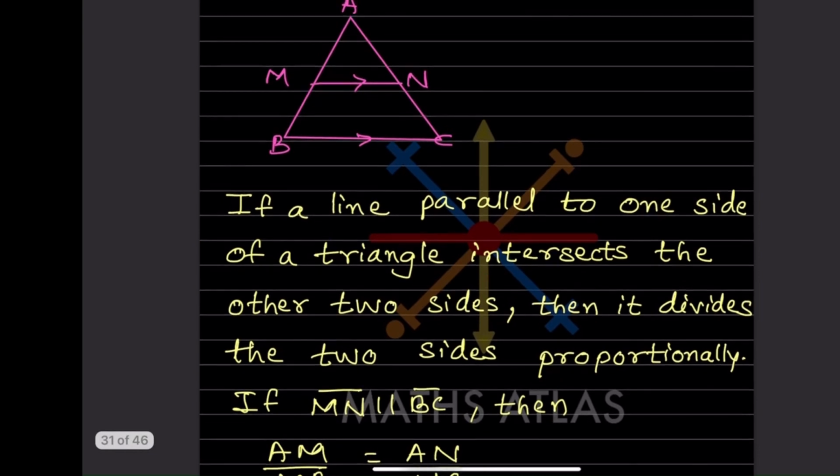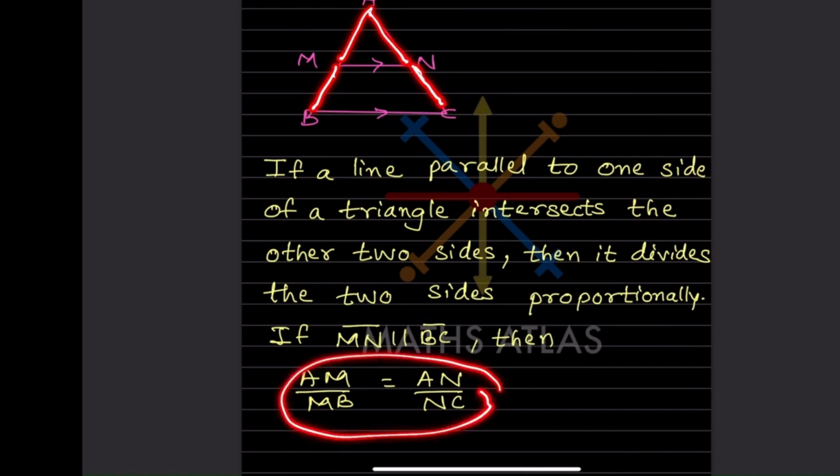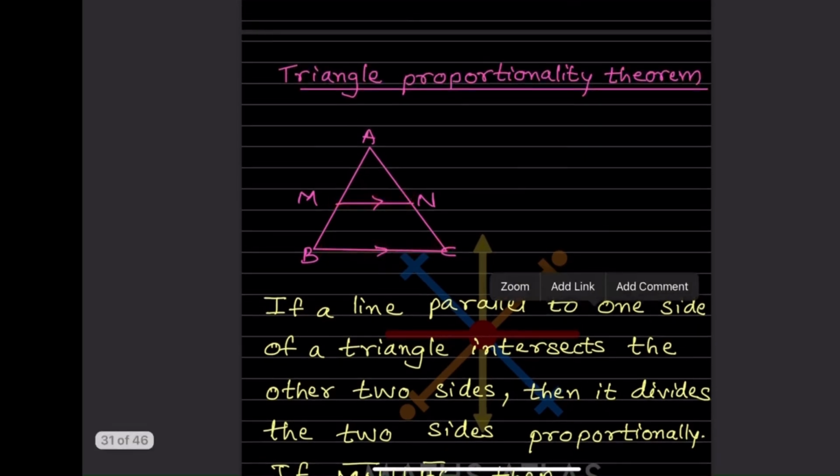That means if MN is parallel to BC, then AM divided by MB is equal to AN divided by NC. These are the parallel sides. So this is the triangle proportionality theorem.